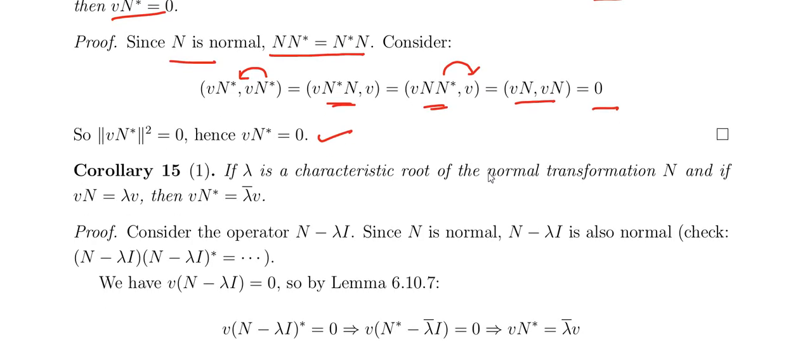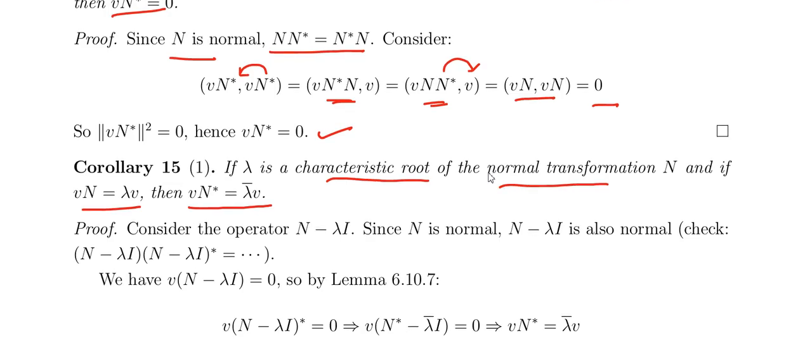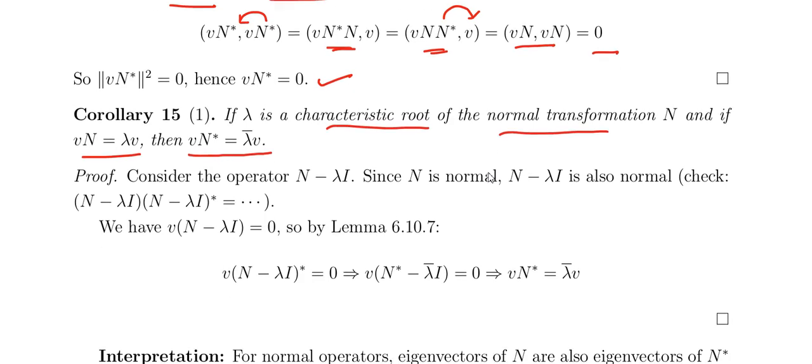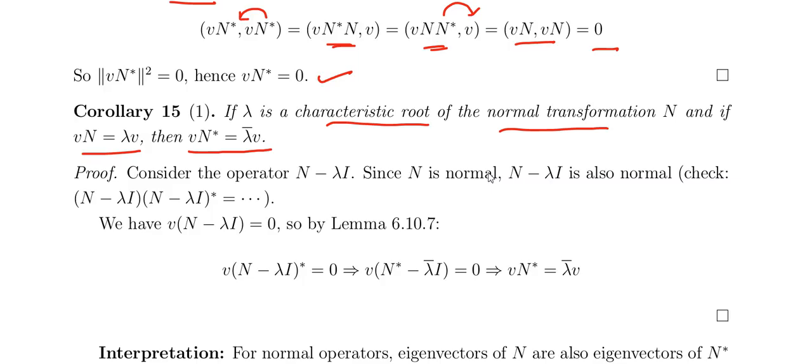Lambda is the characteristic root of the normal transformation N. If Vn equal to lambda V, then Vn star equal to lambda bar V. Since N is normal, N minus lambda I is also normal, because of N minus lambda whole star equal to N star minus lambda bar.